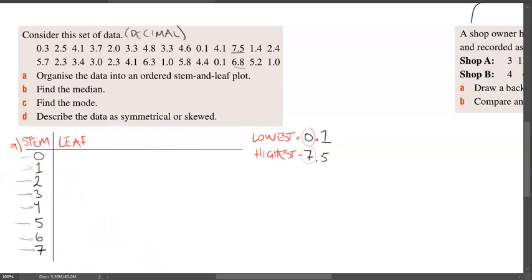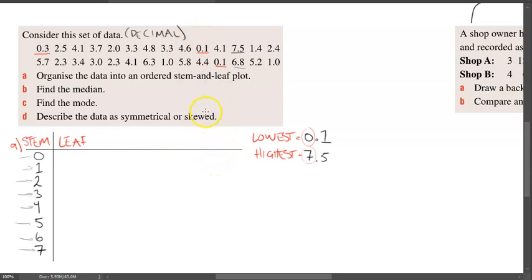So we're going to look for all the numbers that we have starting with 0 point. We go to 0.3, and what I tend to do is underline them. We've got a 0.3, we've got that 0.1, we've got another 0.1, and I think that is all of our 0 points. Yep, so we've got 3.